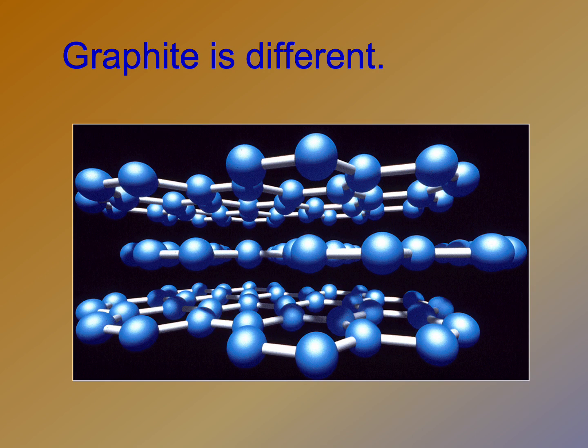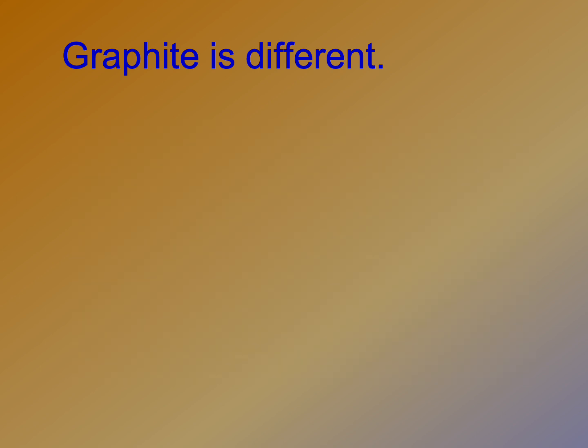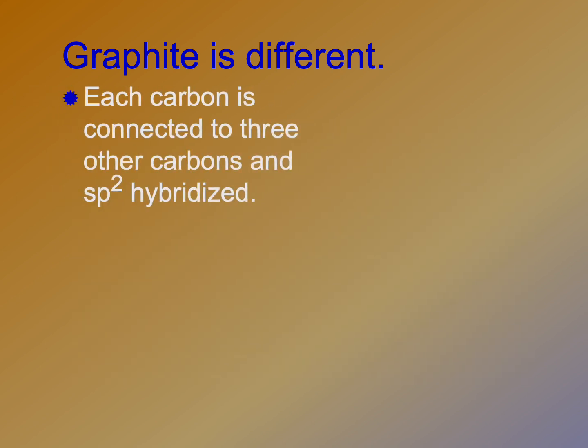Whereas when we look at graphite, so graphite is an allotrope, it is all carbon, but instead of a carbon being attached to every other surrounding carbon, we end up with these carbon sheets that align with one another. So each carbon is connected to 3 other carbons instead of 4 other carbons.